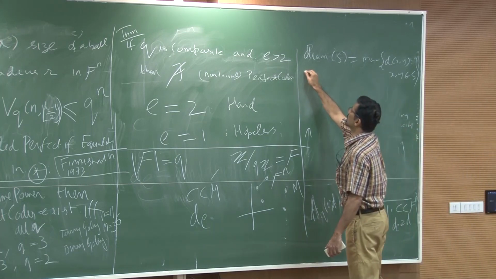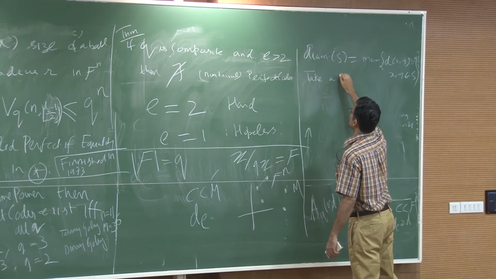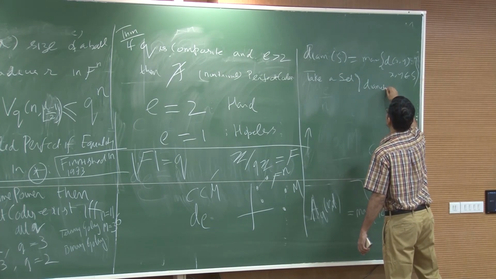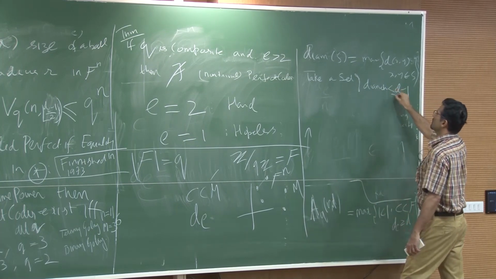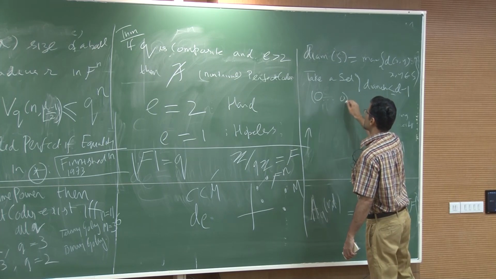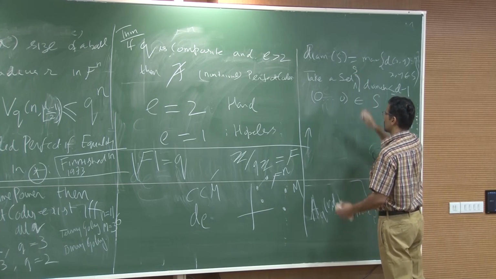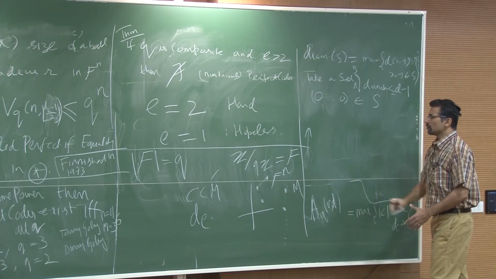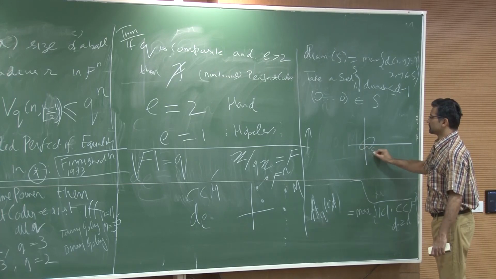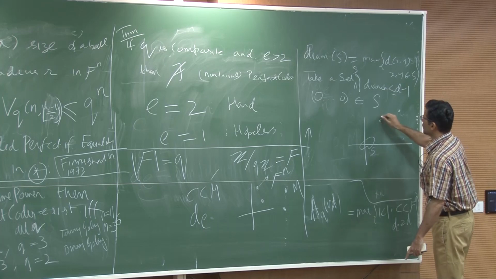So take a set of diameter d minus 1, at most d minus 1, and make sure that the all 0 word belongs to S. Okay, and then what you do is you translate this. So this is your S, and you have this picture again. I'm just redrawing it.